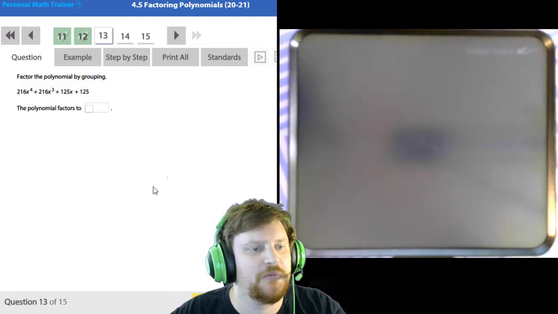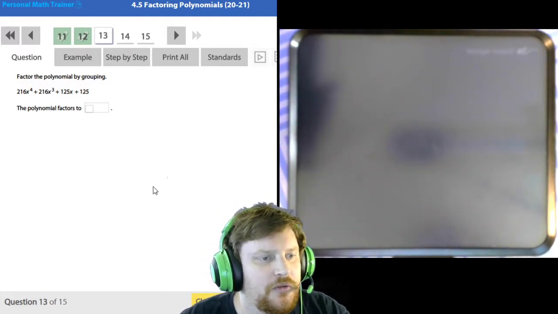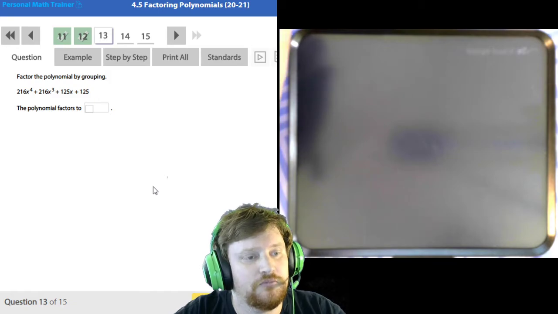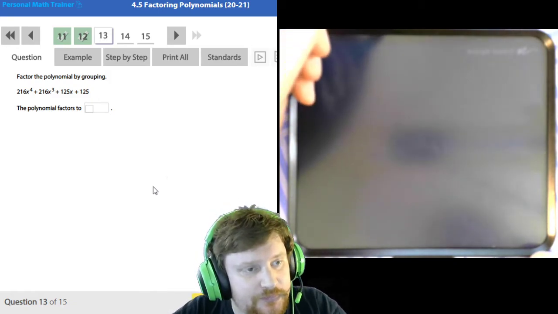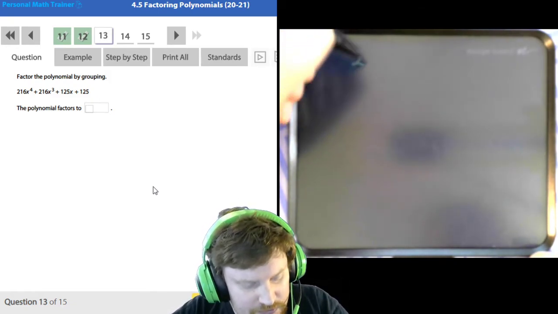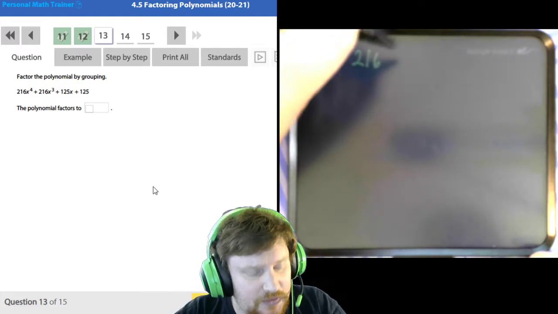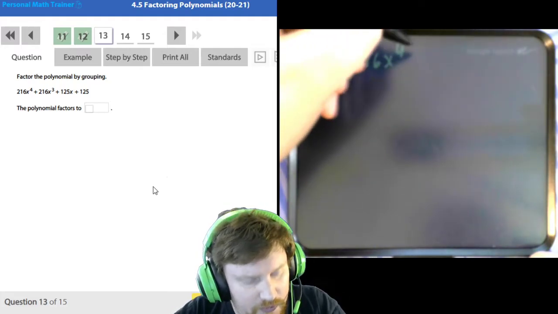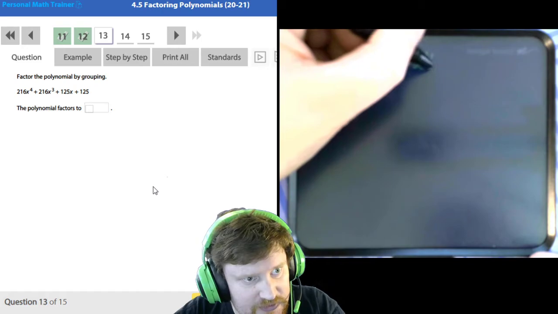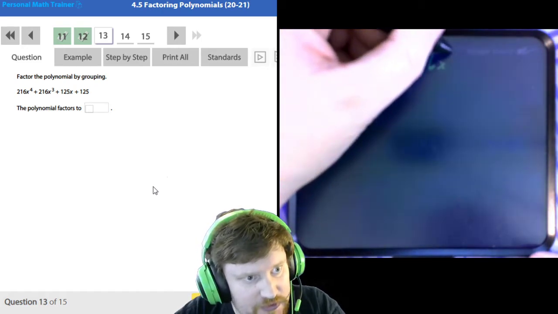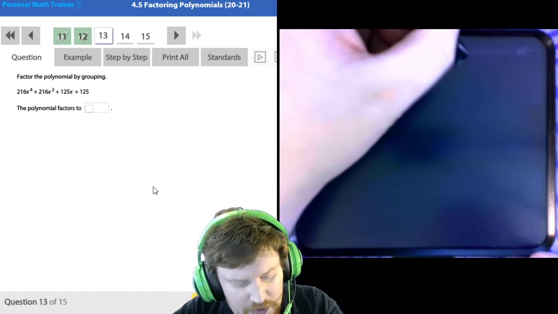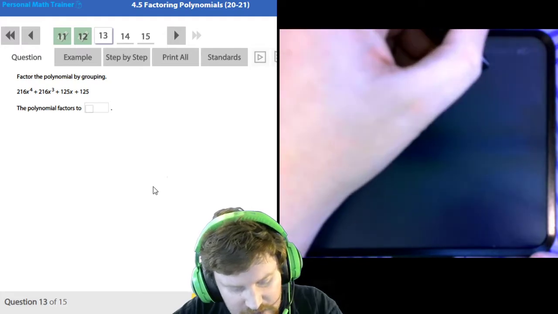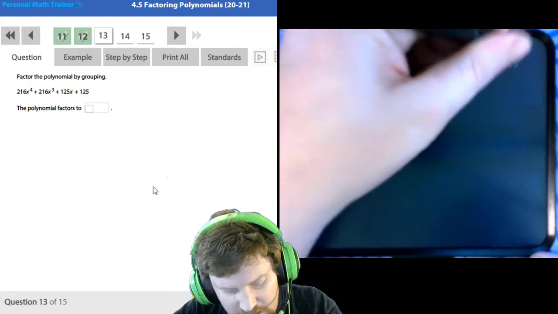Once again, we're going to factor by grouping. Very, very big numbers. This is 216 x to the 4th plus 216 x cubed plus 125 x plus 125.